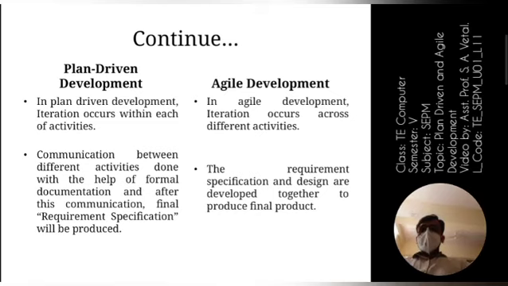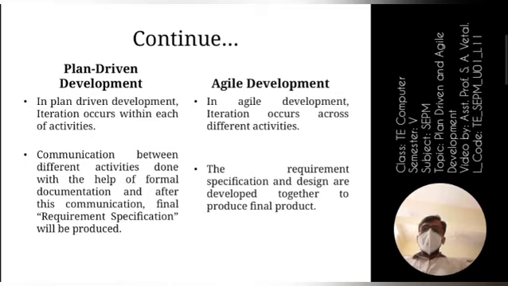Now the communication between different activities is done with the help of formal documentation in plan driven development. We are going to communicate between the different activities with the help of formal documentation, and after this communication the final requirement specification will be produced. In the last slide we have discussed that figure.